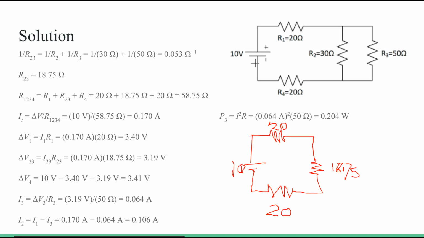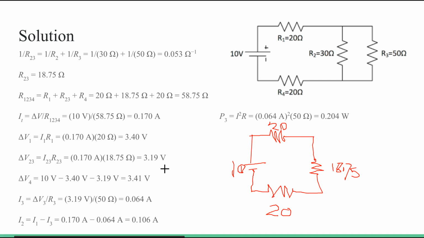So the voltage rise, 10 volts, must equal what we already found, 3.40 volts across R1, 3.19 volts across R23, so you subtract these and you get 3.41 volts across R4. And if you add all these up, you get 10 volts, satisfying the loop rule.